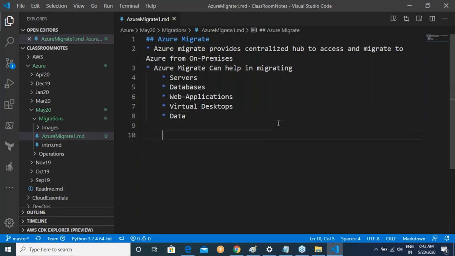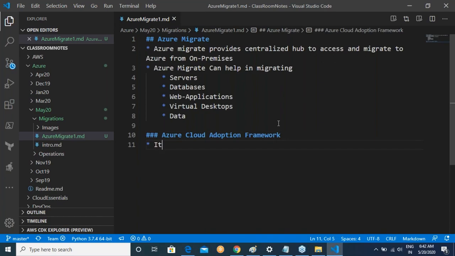We will not go into all topics of it, but there is the Azure Cloud Adoption Framework. What is this whole stuff?